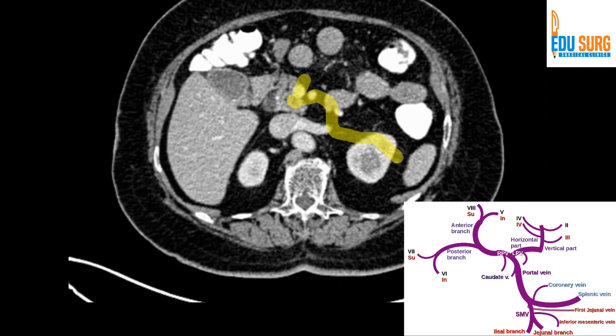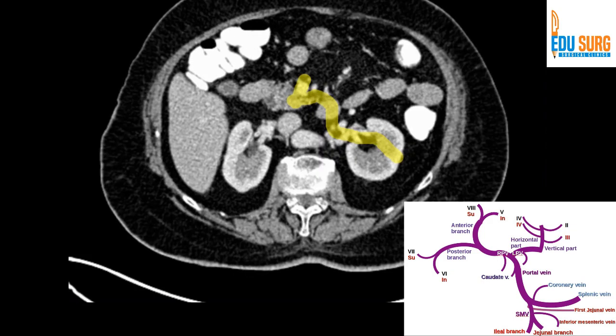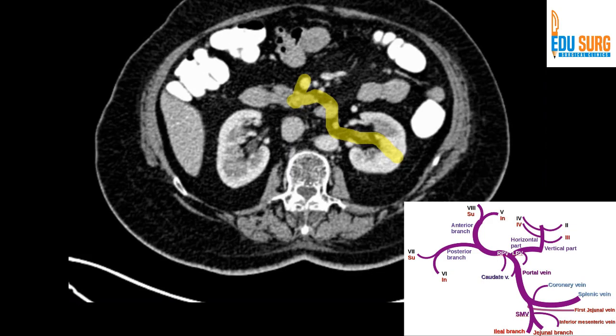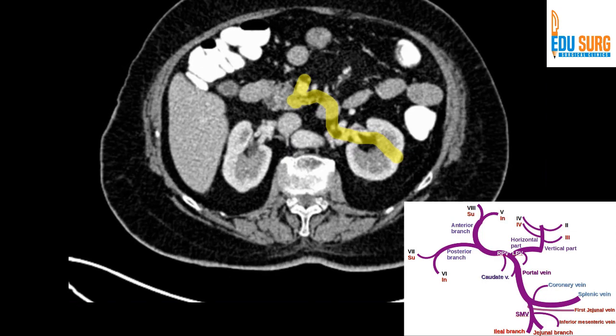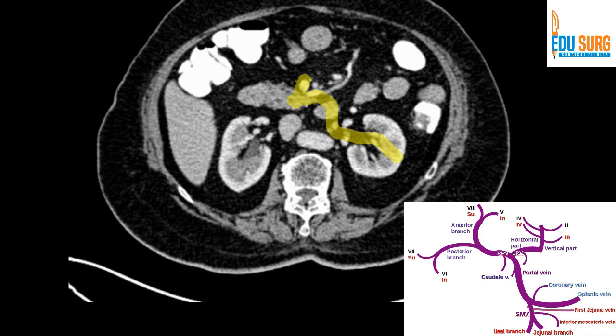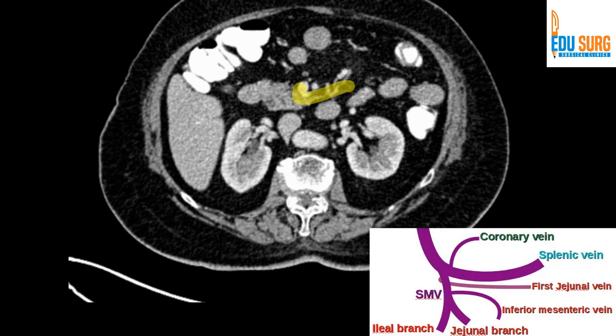As we go down, this is the SMV. The only posterior branch to the SMV in this area is usually the first jejunal vein, which is very important to identify.